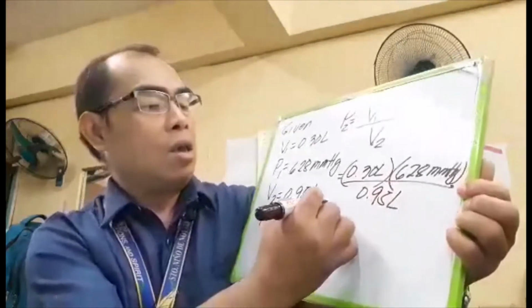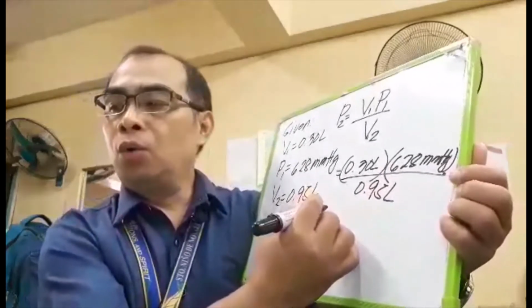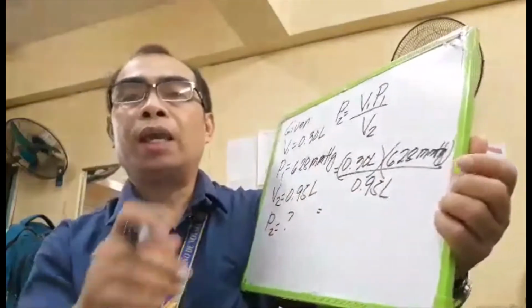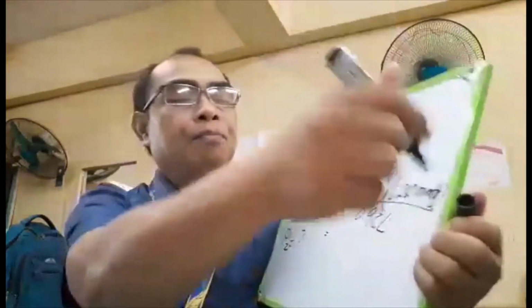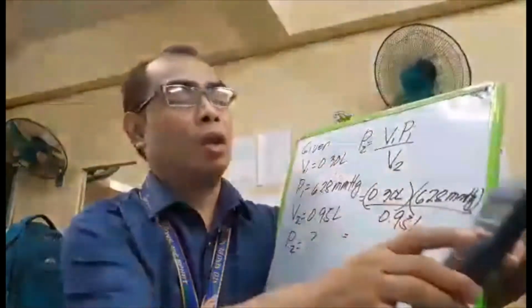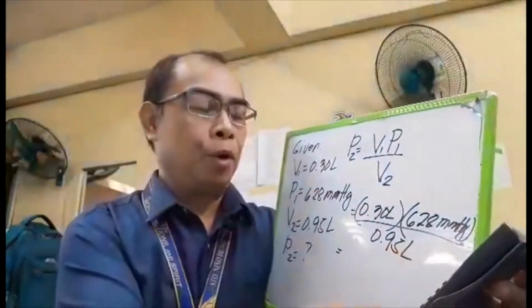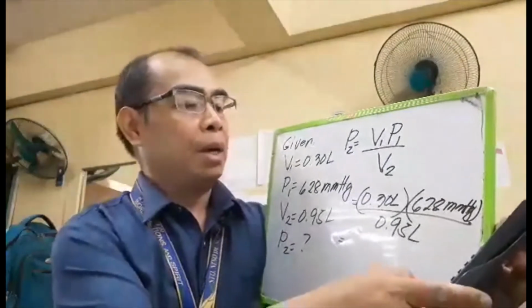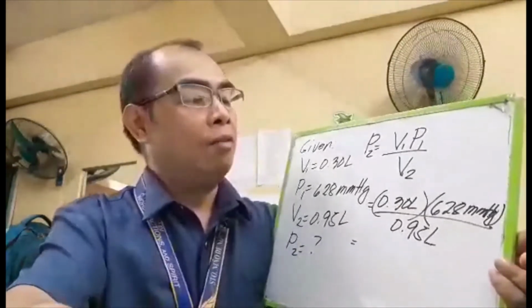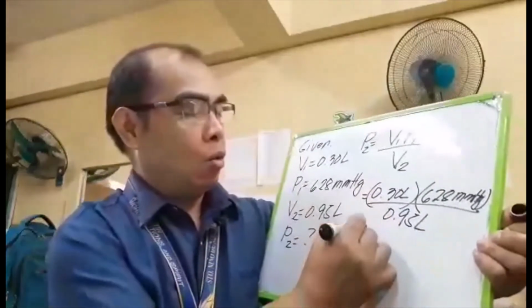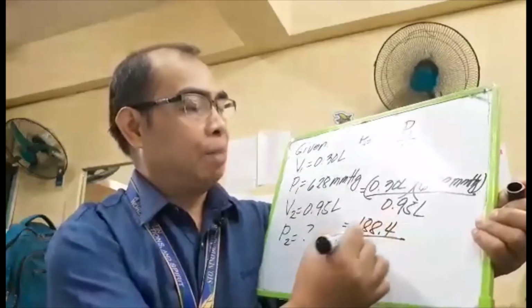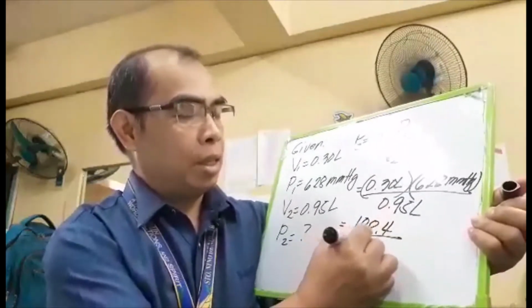Using the calculator, we have 0.30 multiplied by 628, which is 188.4, divided by 0.95.